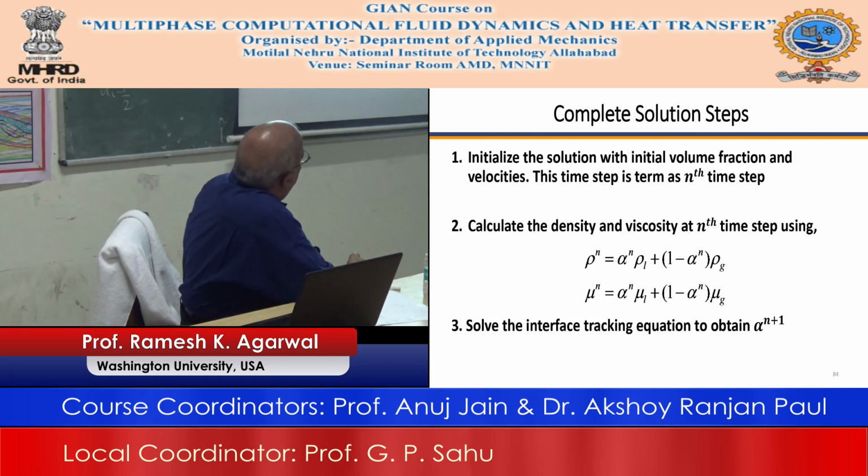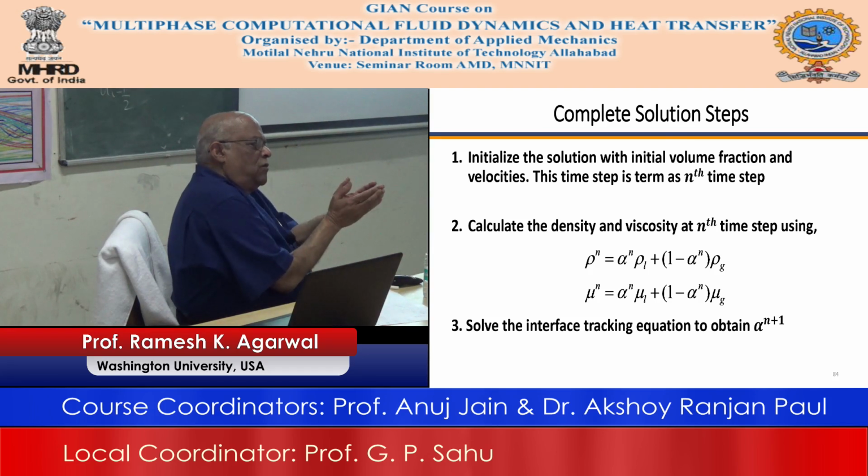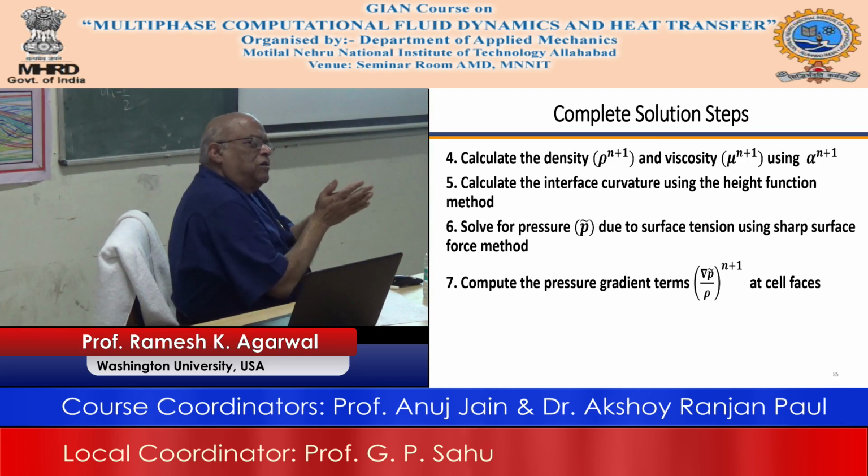A complete solution step I have already done for you, and you can look at it and go over it. I think there is no point in belaboring this, because this is basically nothing but the application of the same procedure as for the Patankar-Spalding algorithm. What you have done is take this delta function term, apply the sharp interface method, taking the approximation to write it as delta p star over rho.